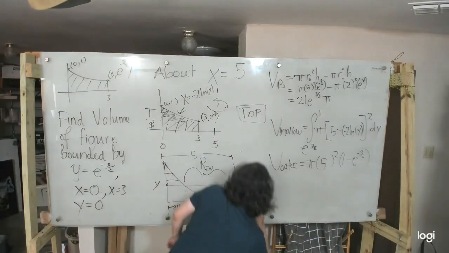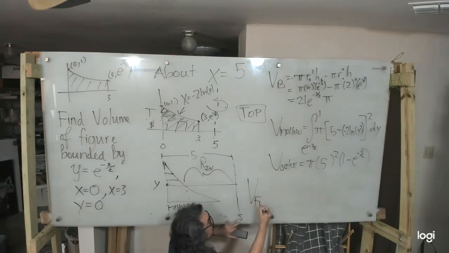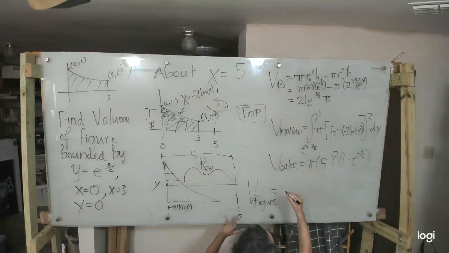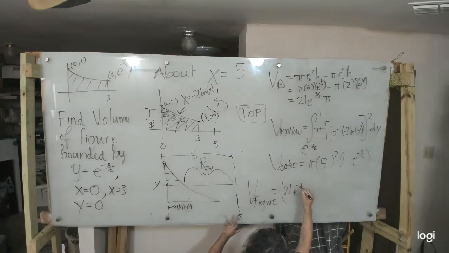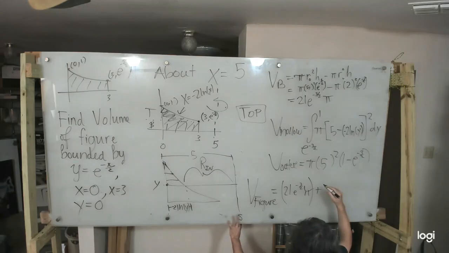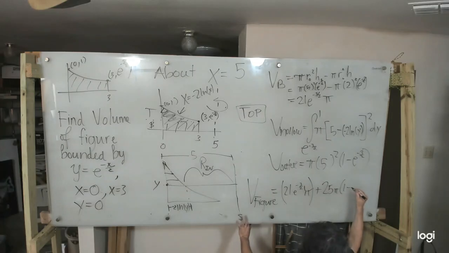So now we can see that the volume of the figure is going to be the volume of the bottom, so 21 e to the negative 3 over 2 pi, plus the volume of the outer, which is pi times 25, so 25 pi times 1 minus e to the negative 3 over 2.